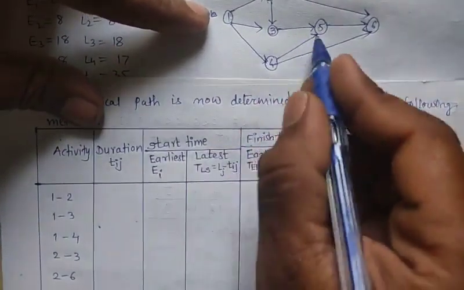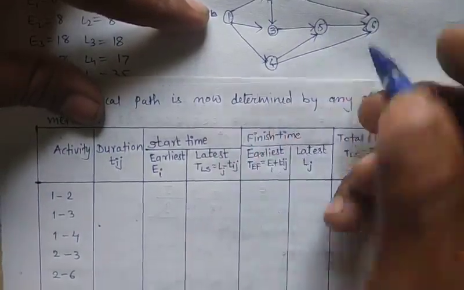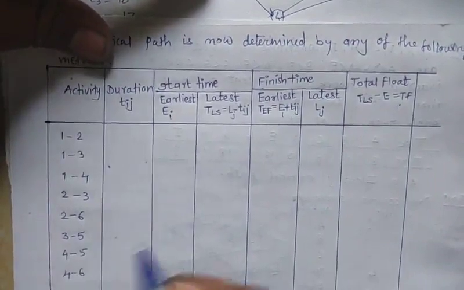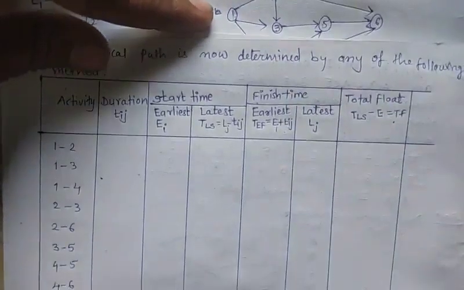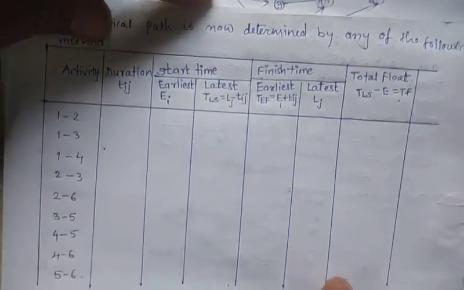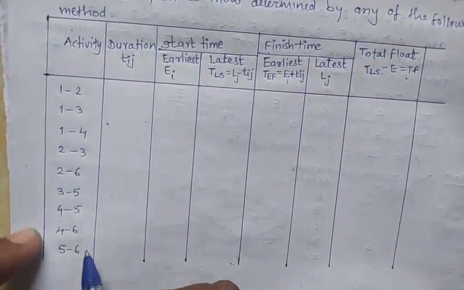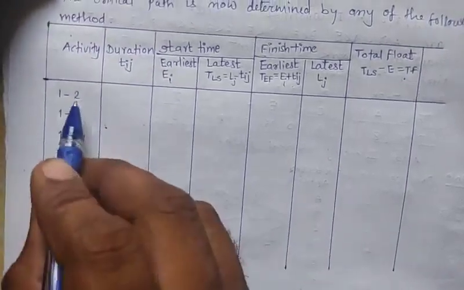Next is 4. 4 goes to 5, 4 goes to 6. And last, 5 goes to 6. Okay, so there are 9 activities.